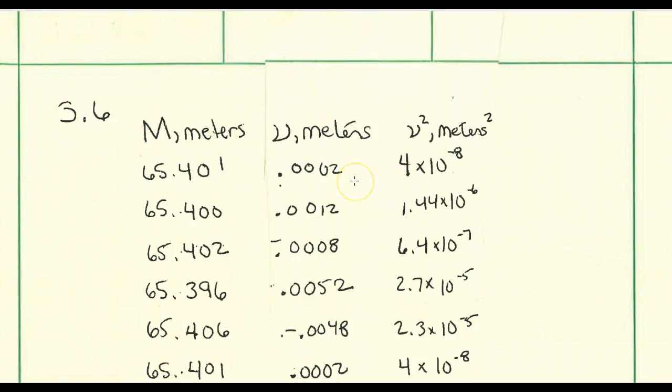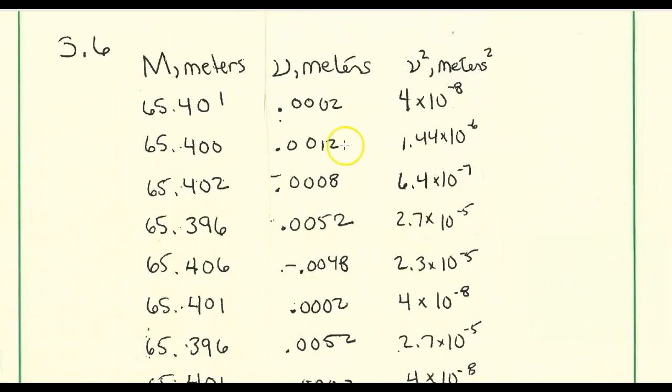So this residual is the average, 65.4012, minus this value, 65.401. This value for residual, 0.0012, is once again equal to the most probable value, 65.4012, minus this value. So we do that 10 times.